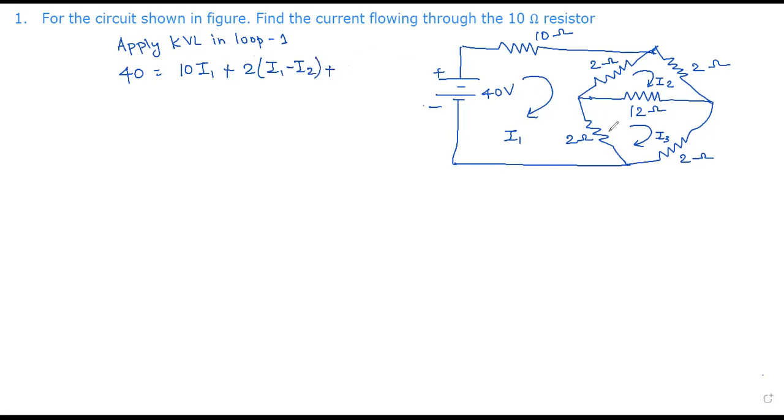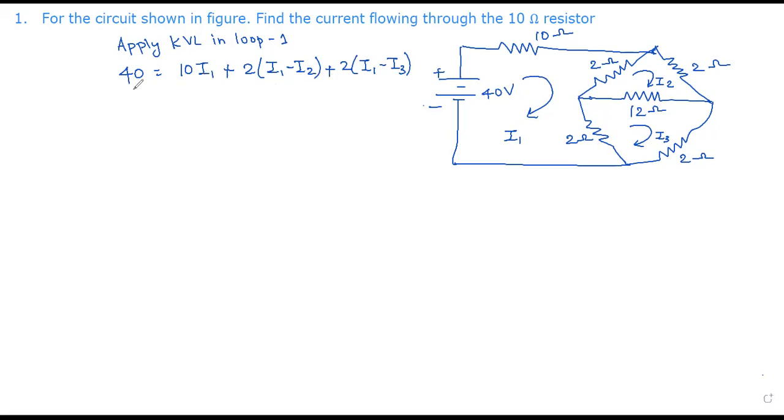Then plus, for the bottom side, we have another 2 ohm resistor. The current through it is I1 minus I3, because I1 comes from top to bottom and I3 goes from bottom to top. So 2 into (I1 minus I3). This is the Kirchhoff's voltage law equation for loop 1.